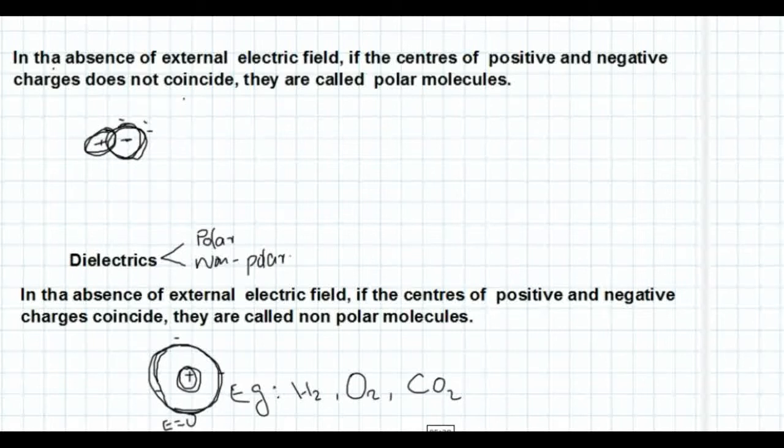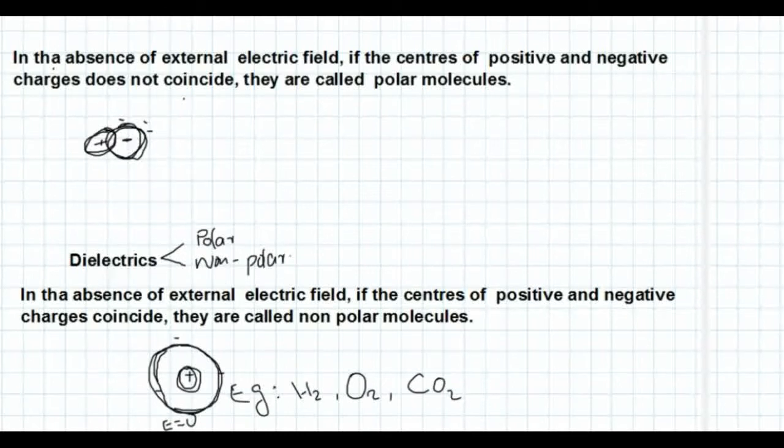So here again we can see that there is a positive cloud, and the center of this positive cloud is somewhere here. Then there is a negative cloud again, and the center of this negative cloud is somewhere here. In other words, the centers do not coincide, right?